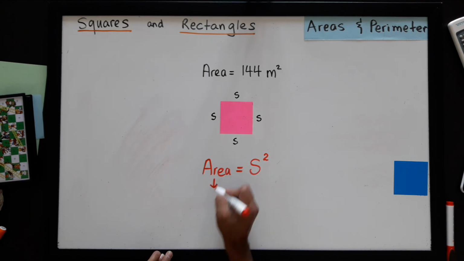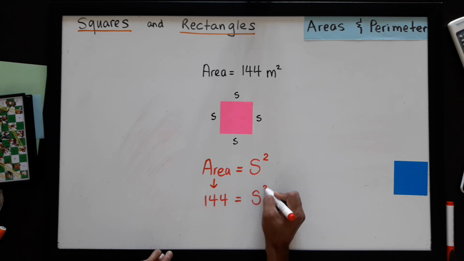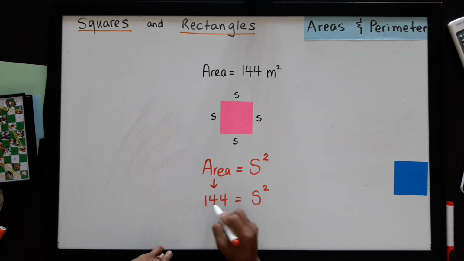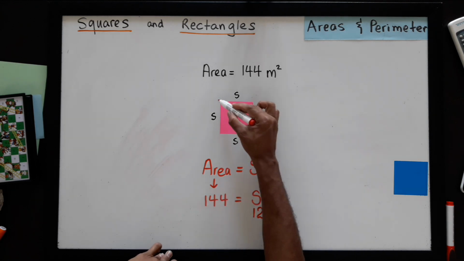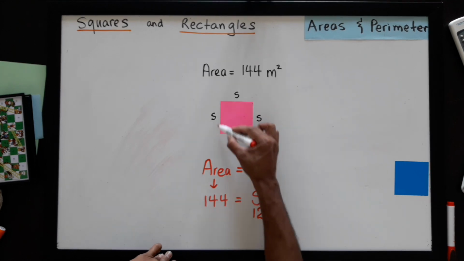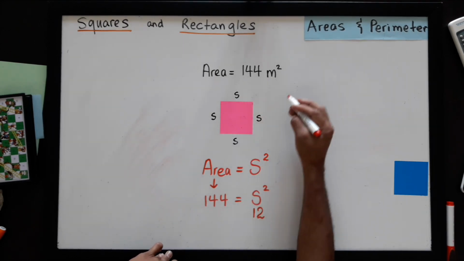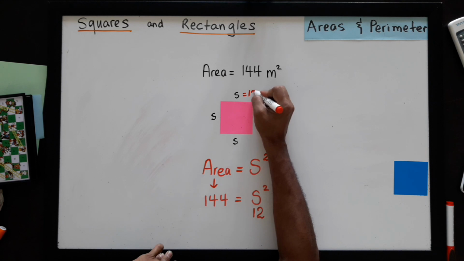So we've been given the area as 144, and to figure out the length of one side, we need to figure out what number, if we were to square it, would give us 144. And of course, the answer that comes to your mind is 12, because 12 squared is 144. So the length of each side is 12.